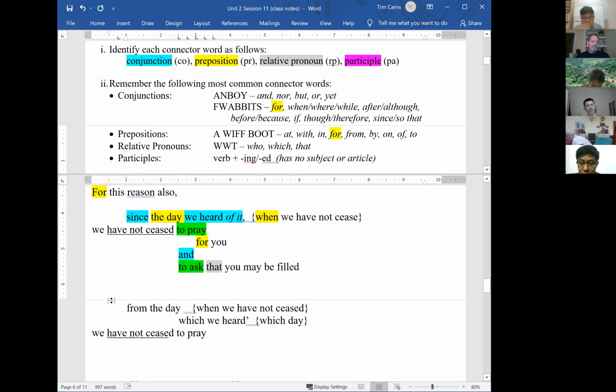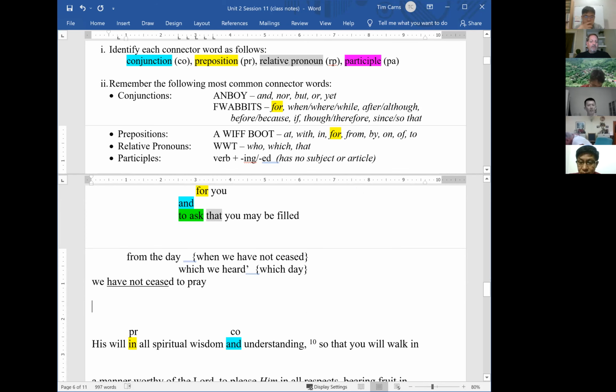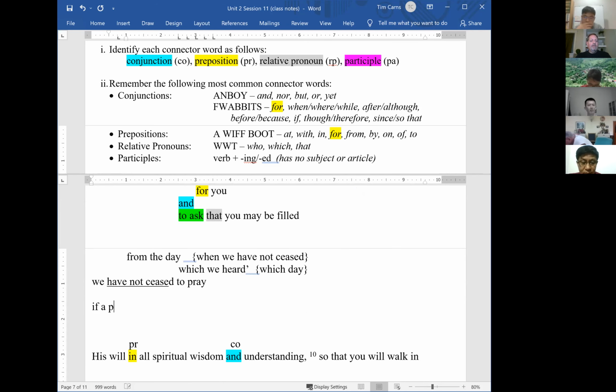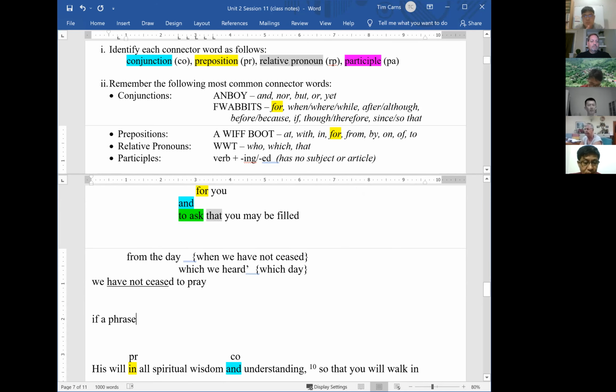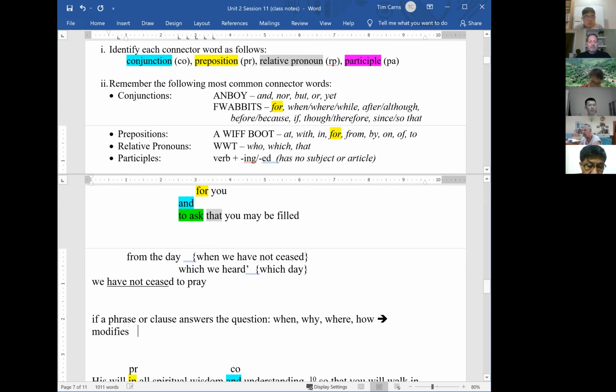All right? If a phrase or clause answers the question when, why, where, or how, then it will modify a verb, or I should say an action.